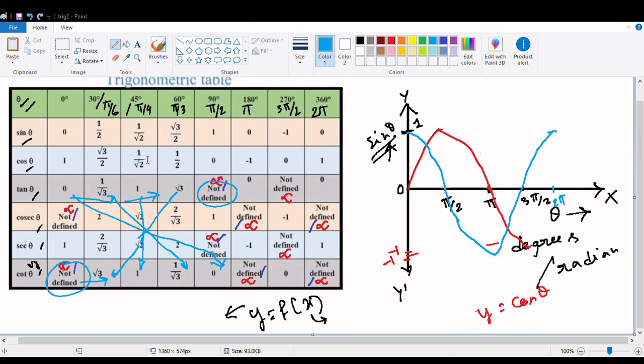And cosec x will be what? y equals 1 upon sin x. So this is a plot of cosec x. Cosec 0 means infinity, so it starts at infinity.